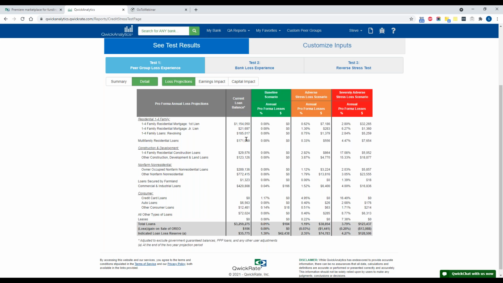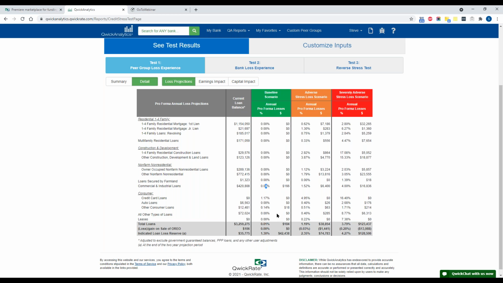So here is the sample bank that we're using for today. Here's their loan portfolio as it stands today, current loan portfolio, and then we're applying annual loss rates from the peer group to come up with what net charge-offs we might see on our portfolio if it were performing loss rate wise like our peers did.